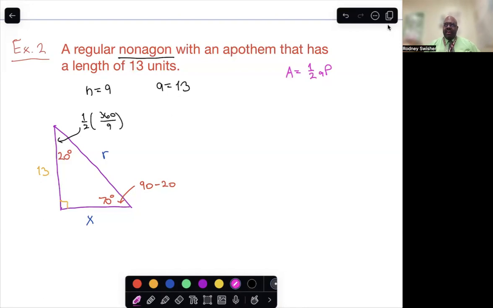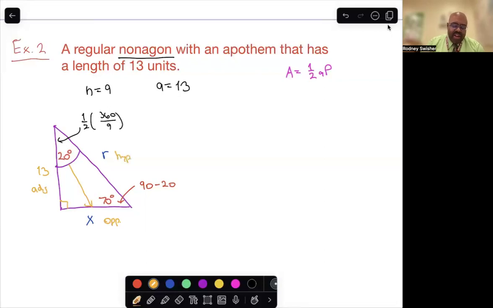So basically, we're going to do that using trigonometry. You'll notice that X is opposite the 20 degrees. So I'm going to put 20 degrees as an arc and point that across to this side, and that's going to represent our opposite side. The 13 that we have here represents the adjacent side, and the hypotenuse is the radius.